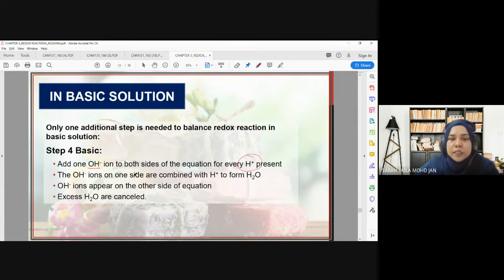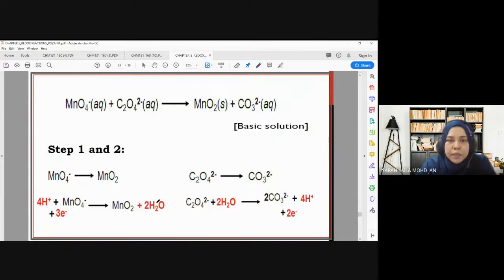And the OH negative on one side are combined with H+ to form H2O. Function dia sama saja untuk ni. And then the OH ion will appear on the other side of equation. And then last kali kita akan cancel out the excess H2O.